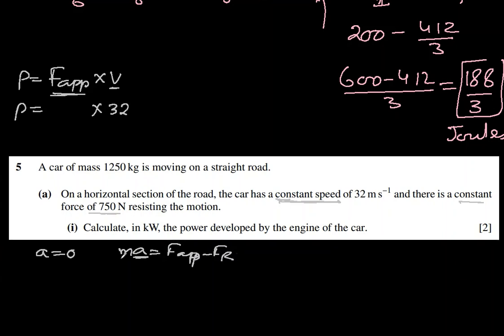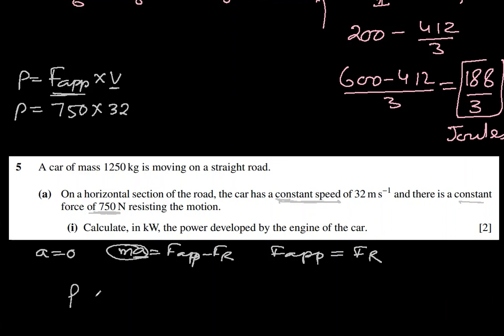If acceleration is 0, the net force becomes 0, and that means applied force is equal to resistive force. So whatever resistive force they have given becomes the applied force, and we can use 750 here.